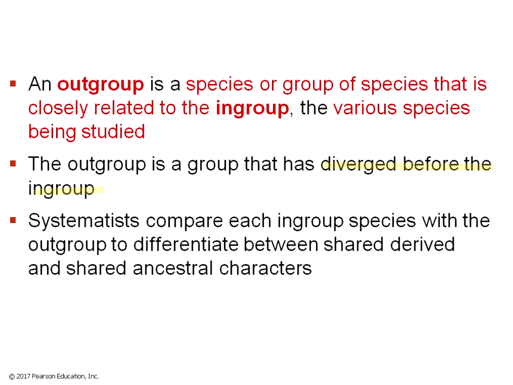Okay, the outgroup diverged before the in-group. Okay, so systematists can use these in-group species to compare to the outgroup, if you will, to figure out the differences between what are derived characteristics and what are going to end up being those shared ancestral characteristics.